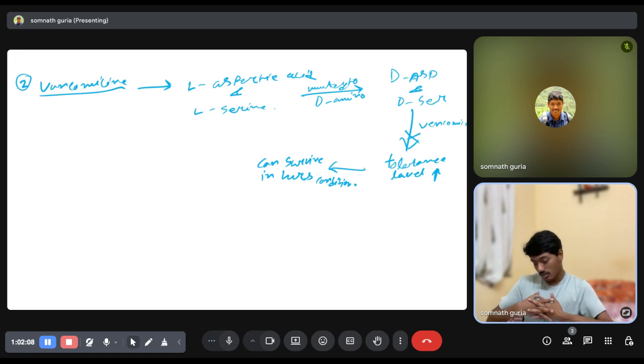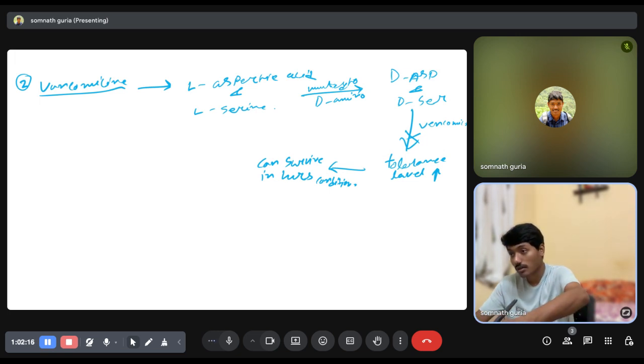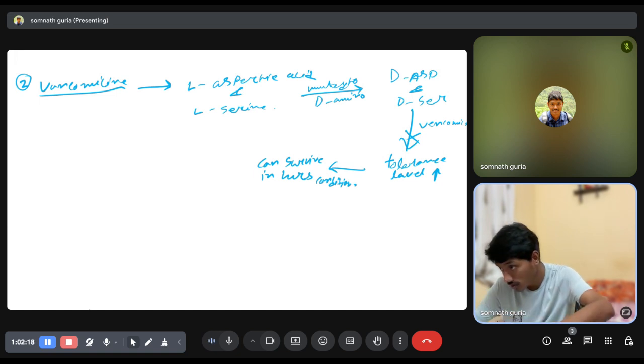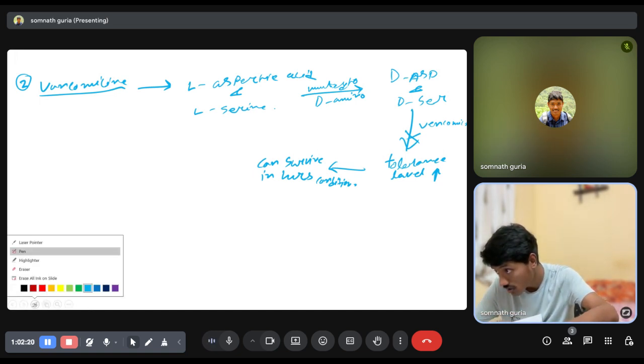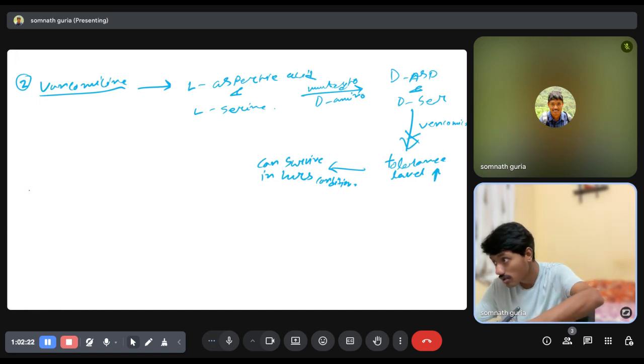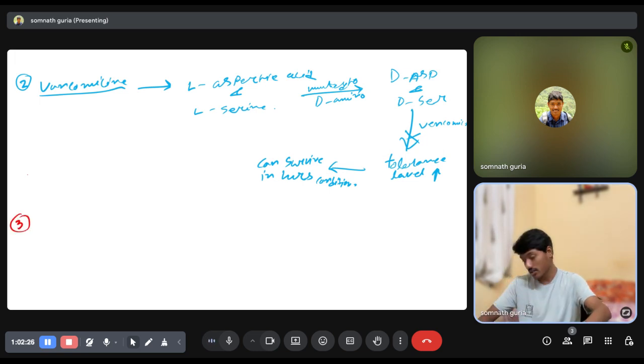Okay, so another point, which is number three. Let's talk about the bacterial Vibrio colony.